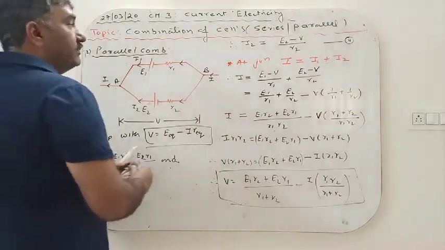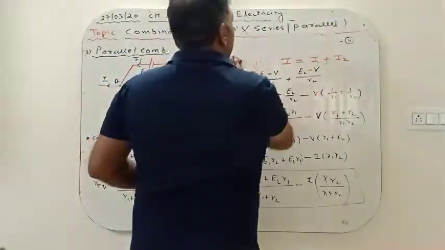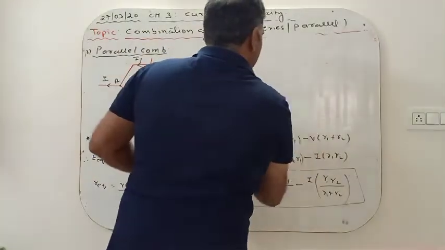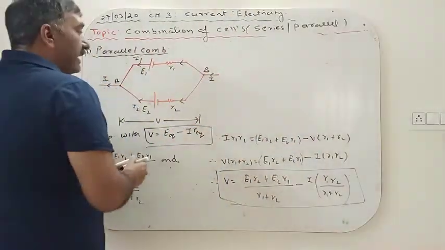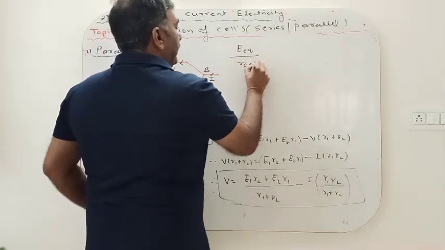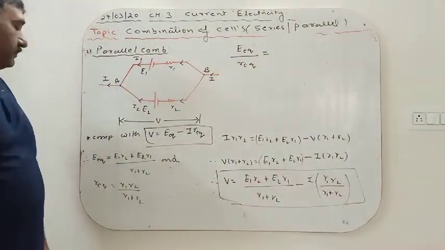So when you divide these two equations, E equivalent upon R equivalent, what do you get?